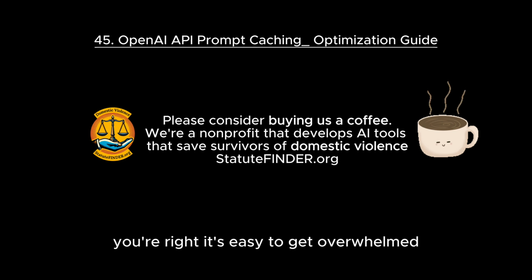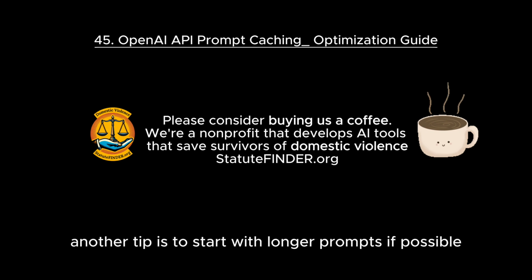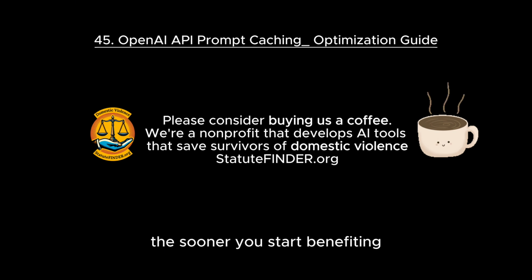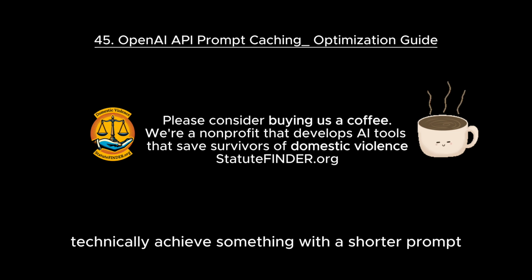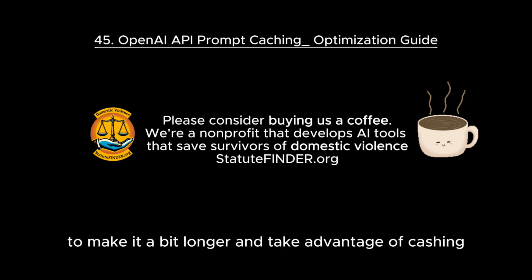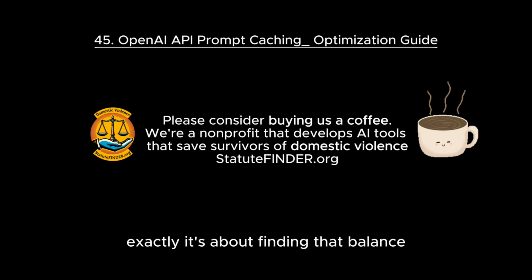You're right, it's easy to get overwhelmed. Another tip is to start with longer prompts if possible. Remember, caching kicks in at 1,024 tokens, so the sooner you hit that threshold, the sooner you start benefiting. So even if I could technically achieve something with a shorter prompt, it might actually be more efficient in the long run to make it a bit longer and take advantage of caching. Exactly. It's about finding that balance.